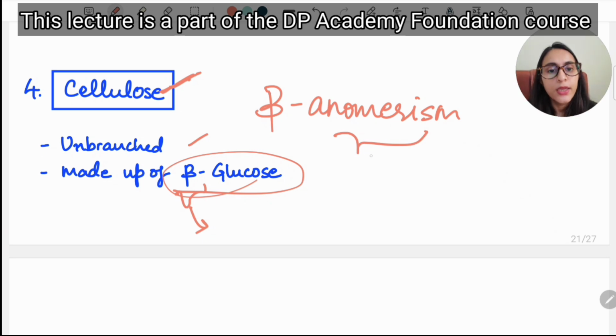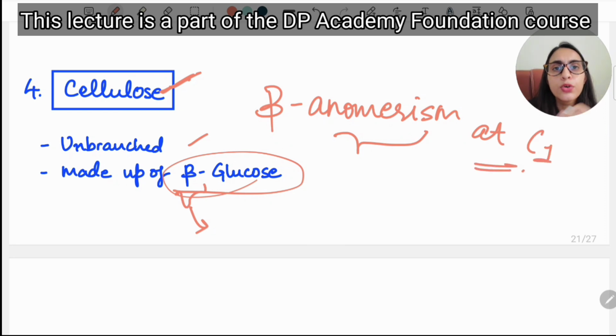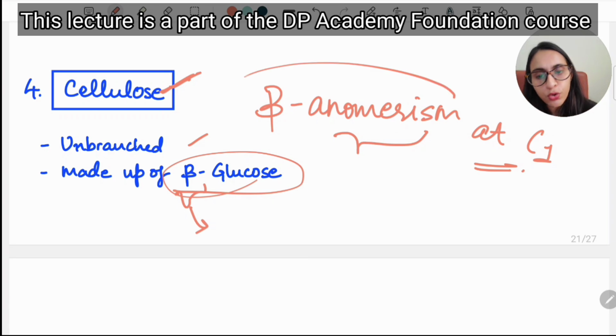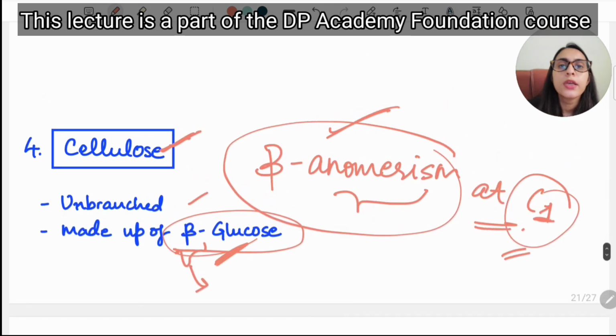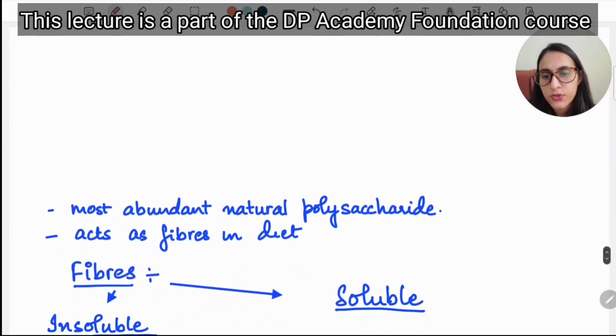The functional group at C1: if you remember, the functional group in glucose is an aldehyde, which is present at C1. So cellulose is not broken because of the beta anomerism present at C1. Glucose contains an aldehyde group at C1, so beta anomerism at C1 is the answer.